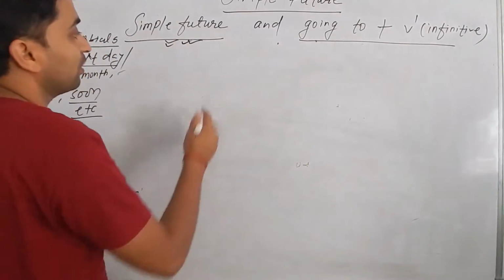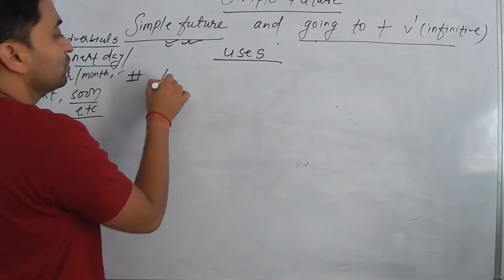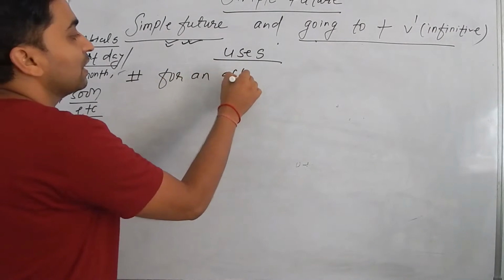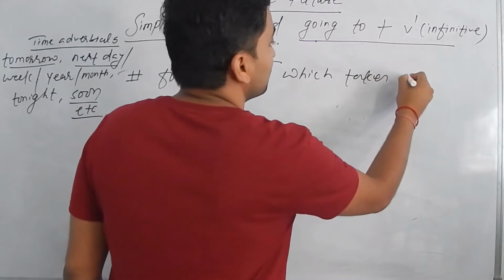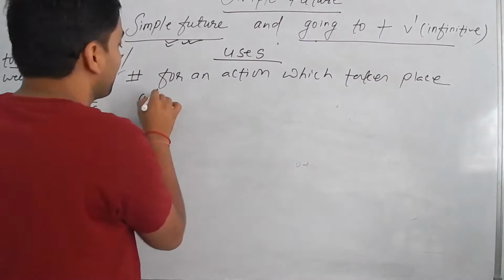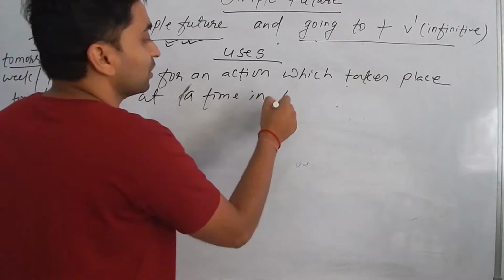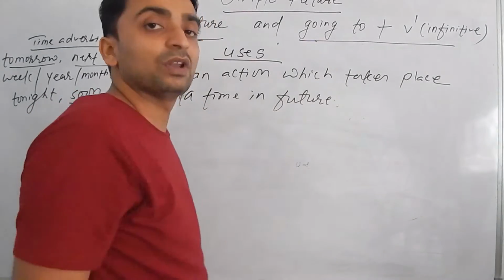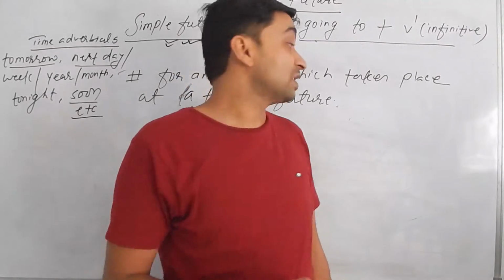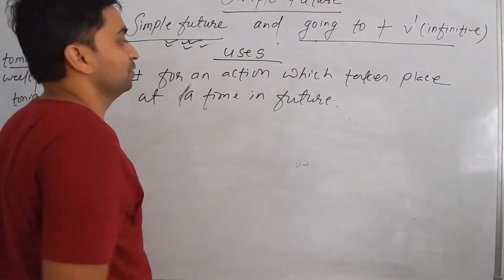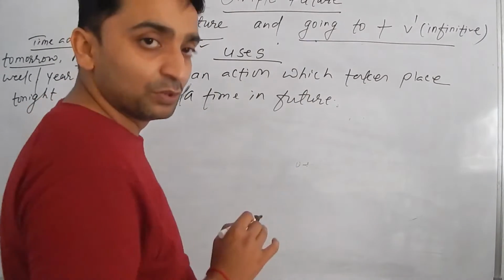When you talk about the usage of simple future tense, the first usage is that it is used for an action which takes place at a time in the future. Okay, for the future time, simply to understand, it is used for the future time.